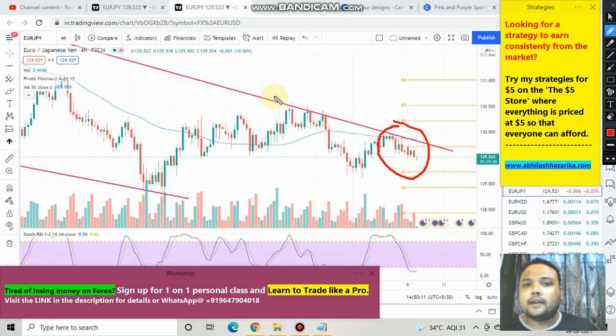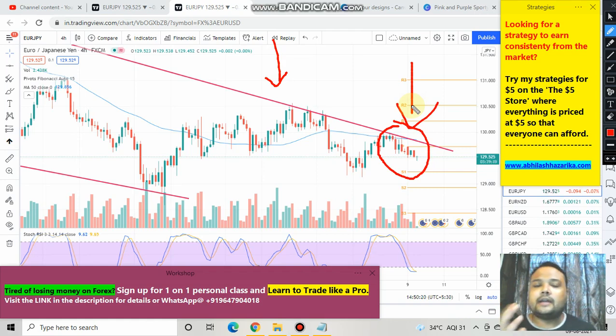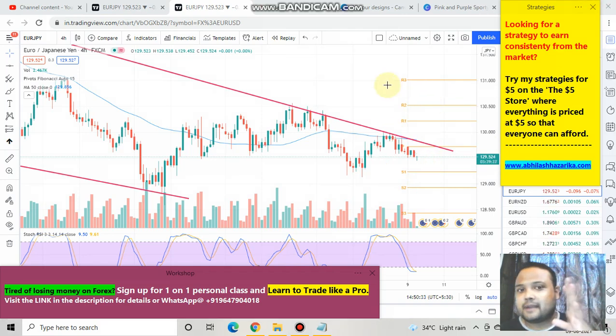Overall the market may be going down, but if we just focus on this particular portion of the chart here, then we can see that the market does not have the selling pressure right now, and that is a very bad thing for us. Try to understand the market psychology here.